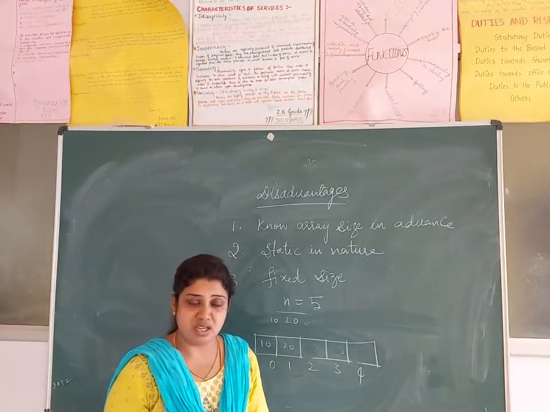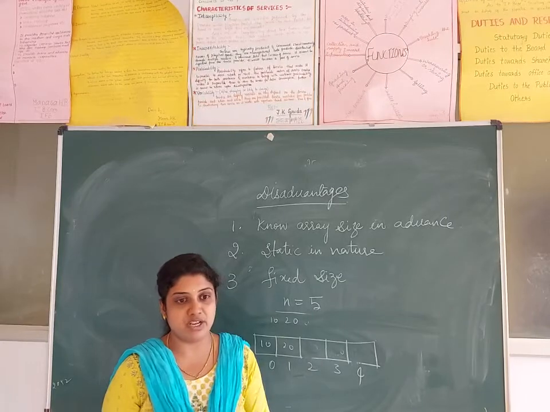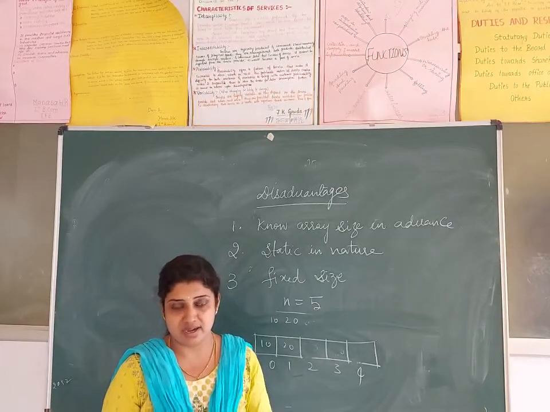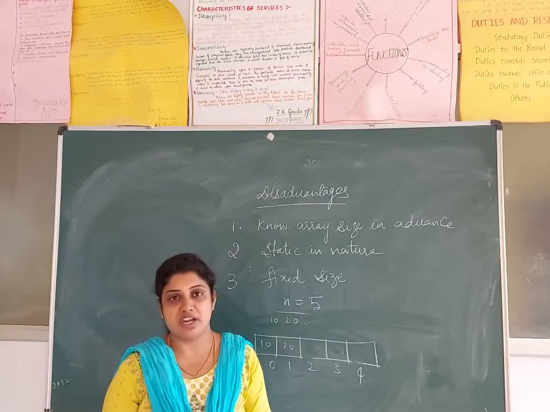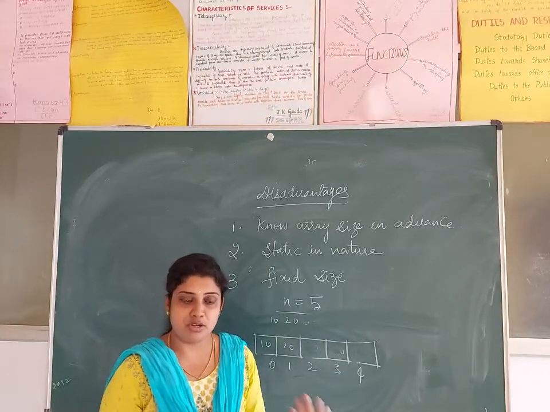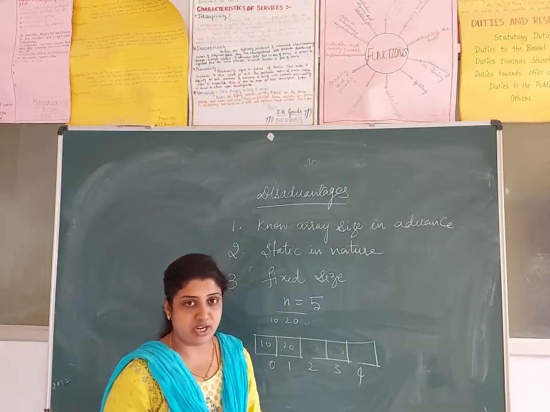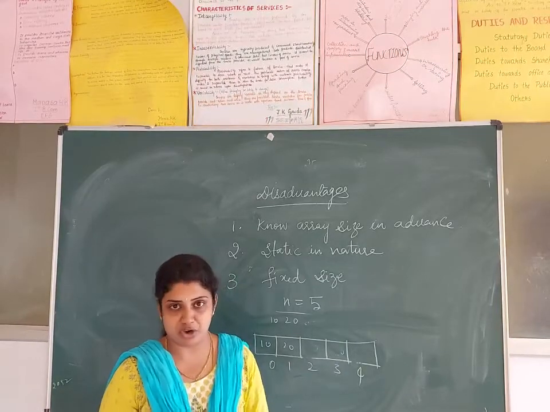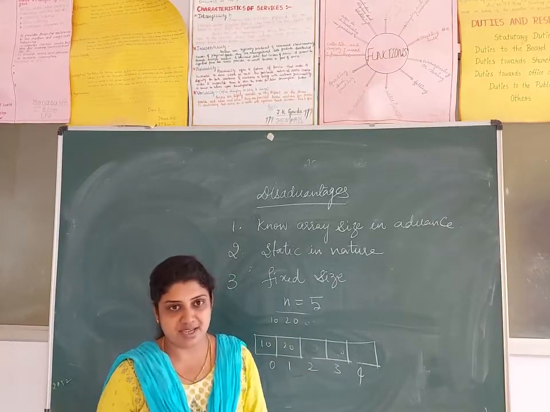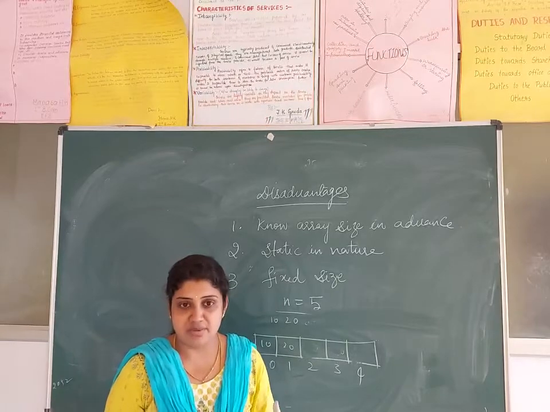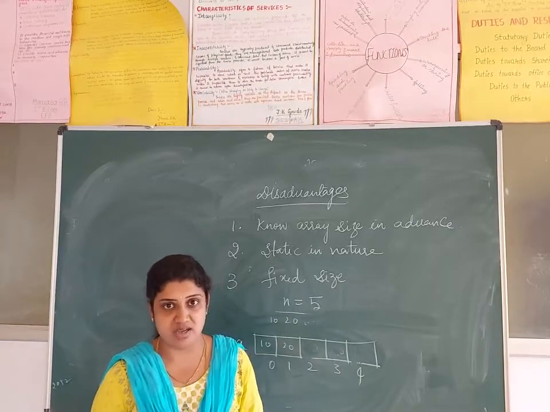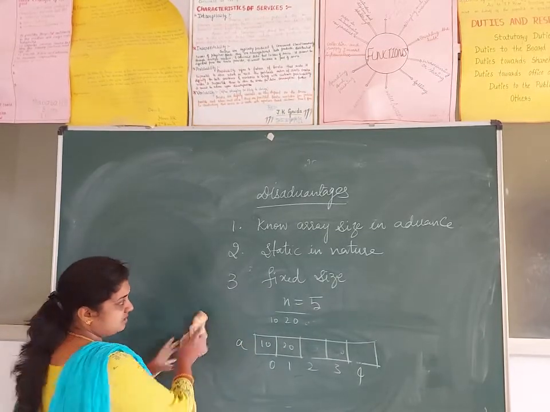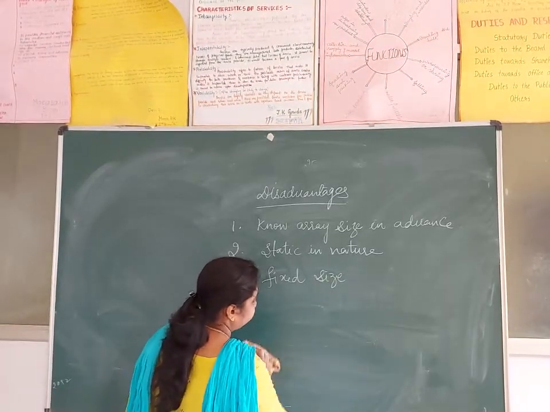If you increase it, it will be a problem. If you decrease it, it will create some other problem. If we take more elements while allocating memory, in between we cannot change. If you take fewer elements, the remaining memory space cannot be decreased. It will be wasted. That is the third drawback.